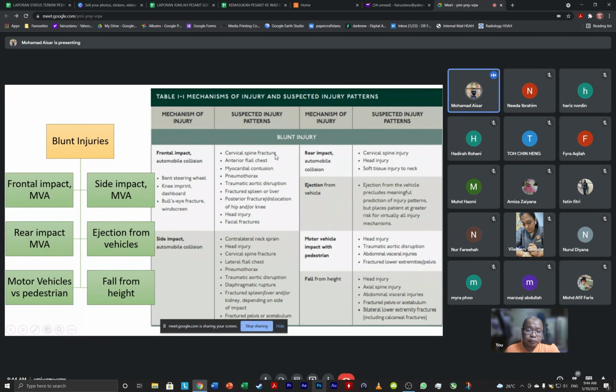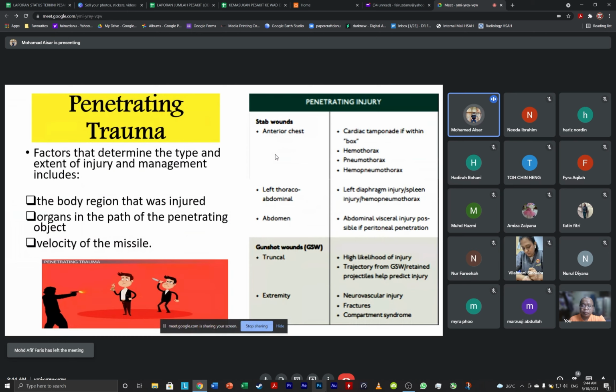Okay. Next. For penetrating trauma, the factors that determine the type and extent of injury and the management includes the body region that was injured, the organ in the path of the penetrating object, and also the velocity of the missile. The most common causes for penetrating trauma is stab wound.